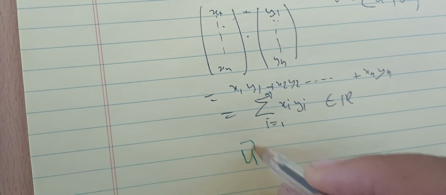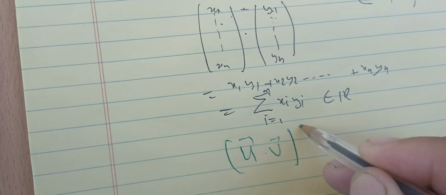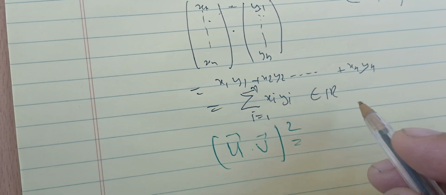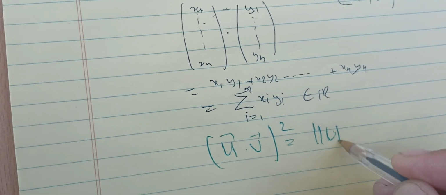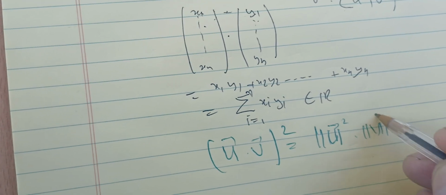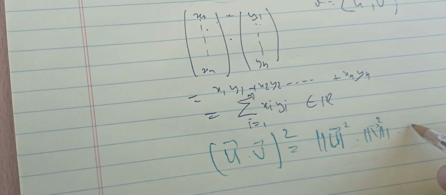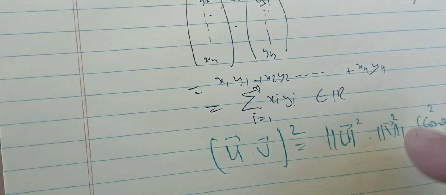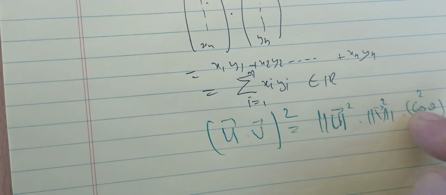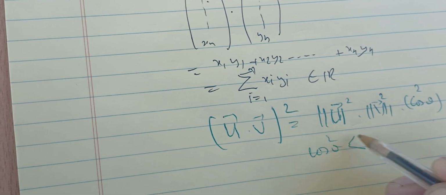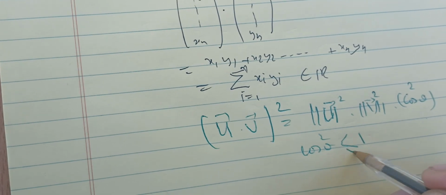If we square both sides, u dotted with v squared is the norm of u squared times the norm of v squared times the cosine of theta squared. But we know that the cosine of theta is always at most 1 in absolute value. That means cosine squared is less than or equal to 1.